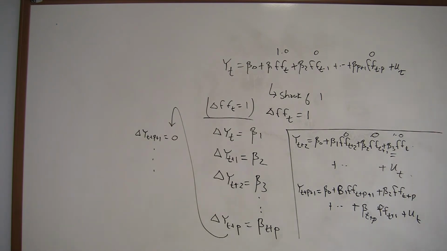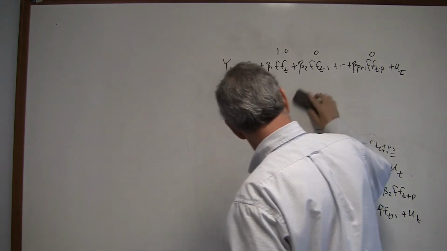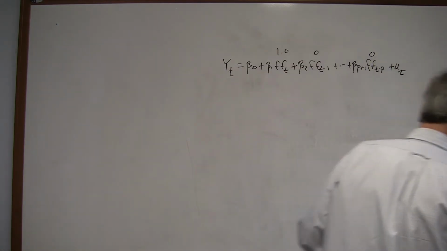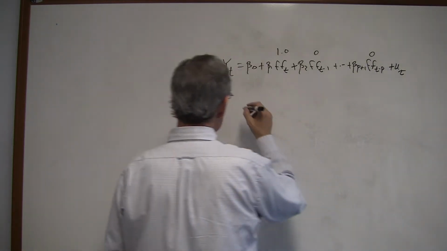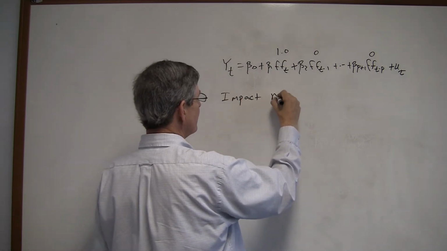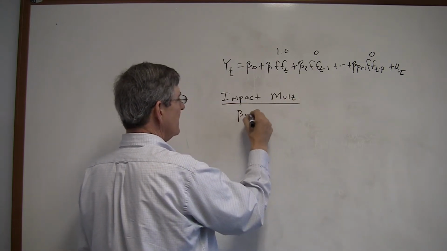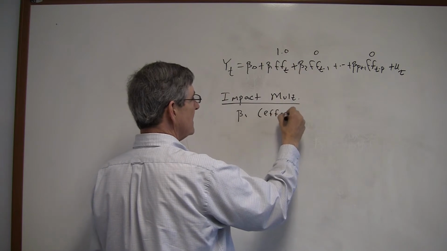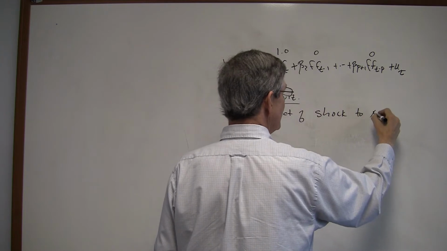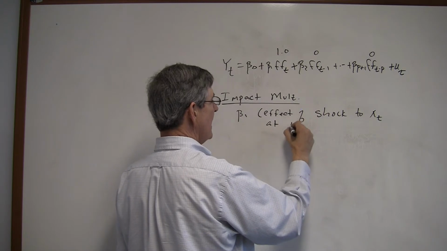So there's some names for these different multipliers. The impact multiplier, that's just beta 1. That's the effect of the shock to xt at time t.